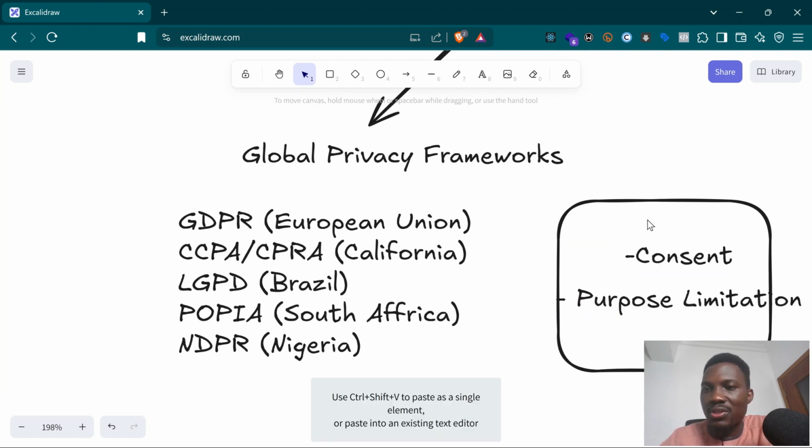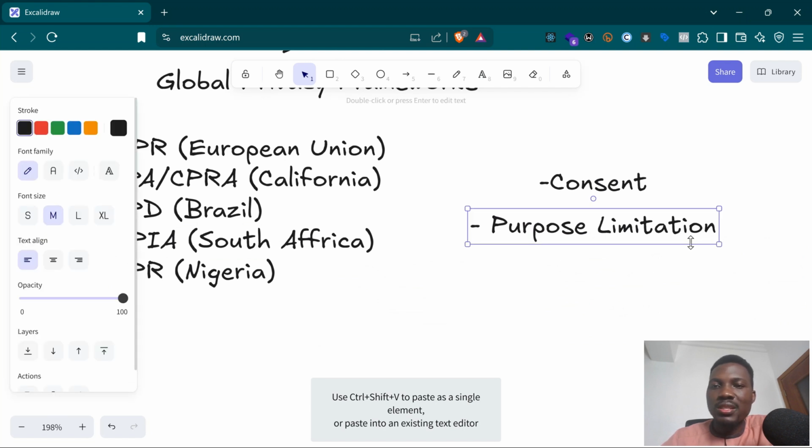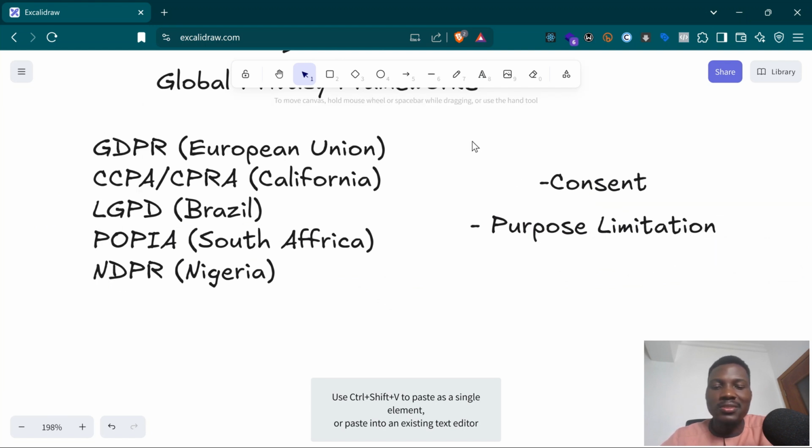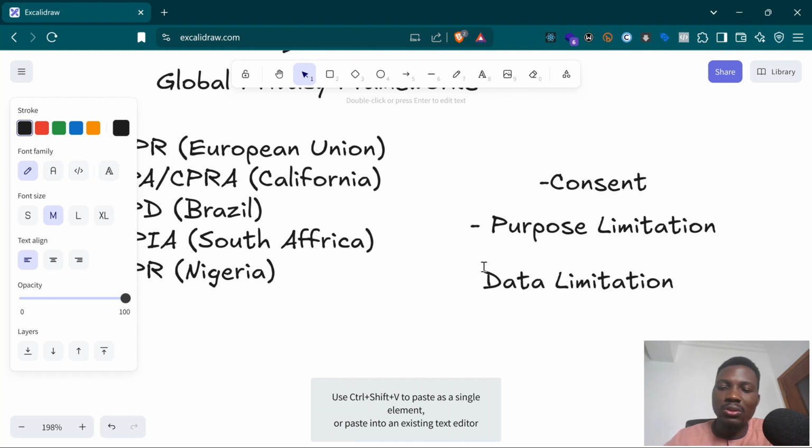Another thing to consider would be data minimization. Sometimes you don't need as much data as you collect. So the question is, how do you ensure that you are grabbing only the data that you need? So data minimization is part of the similarity among all the frameworks that we have.